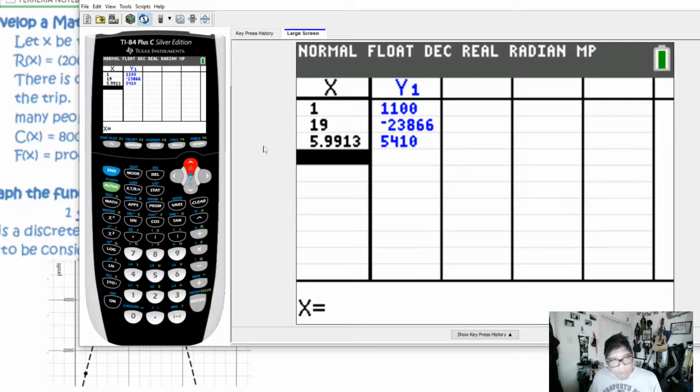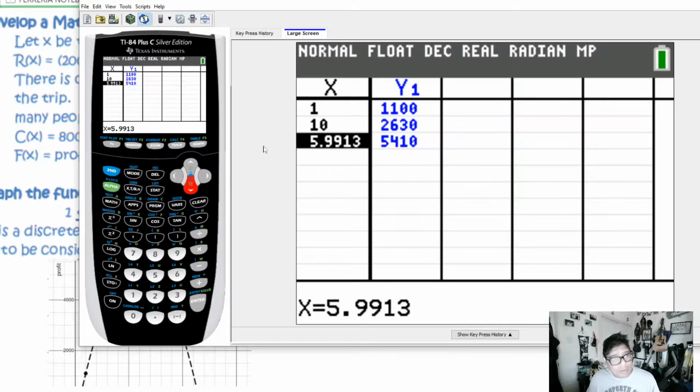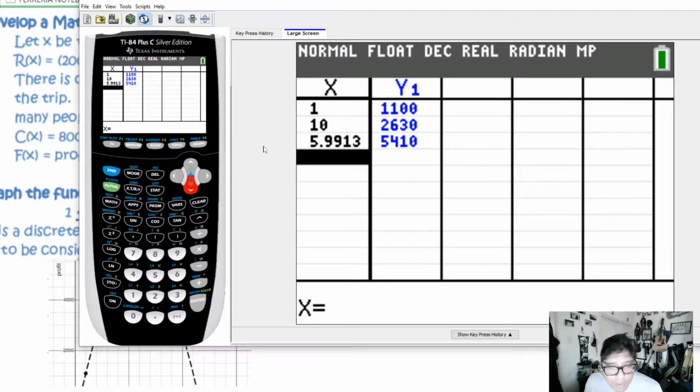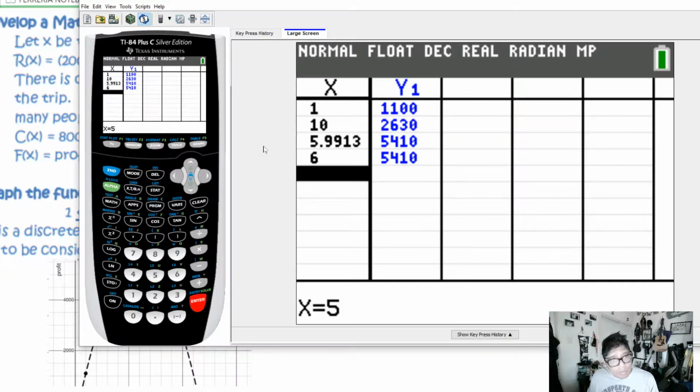But let's remember that this was a discrete function. So we don't have 5.99 people. We have 6 people, and we can check that against 5 people, and we can see that the maximum profit is going to be with 6 people, and that's going to be 5,410.